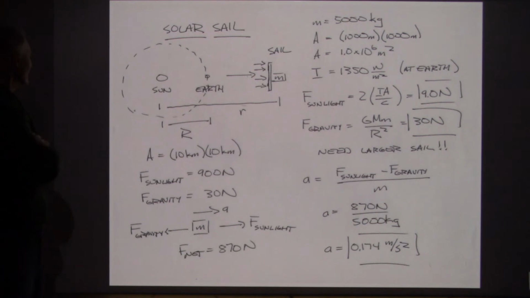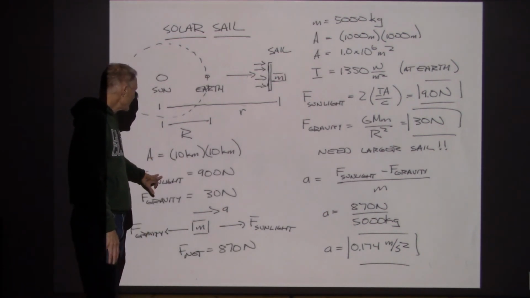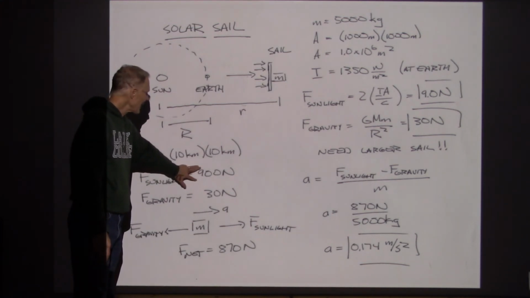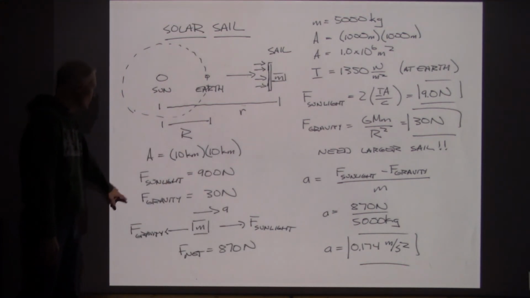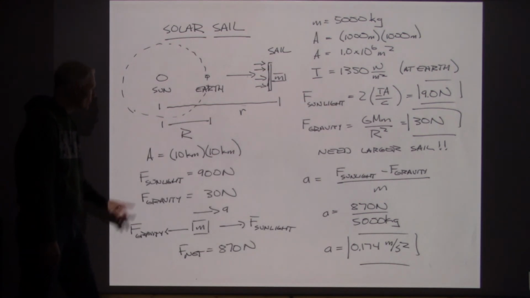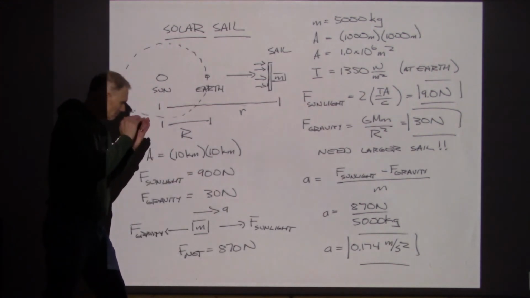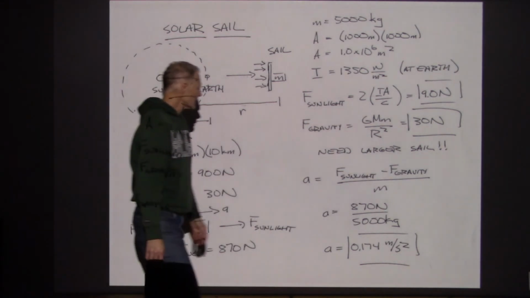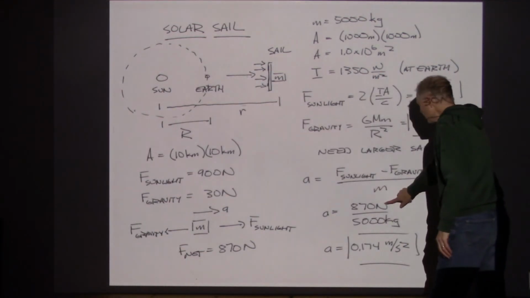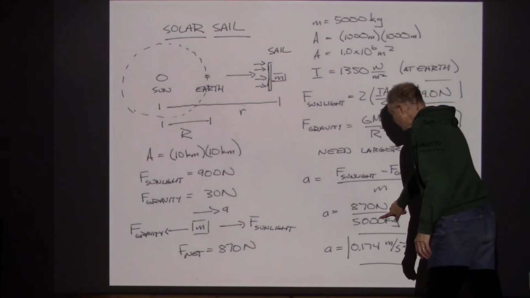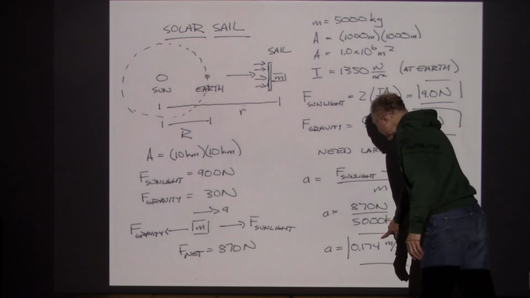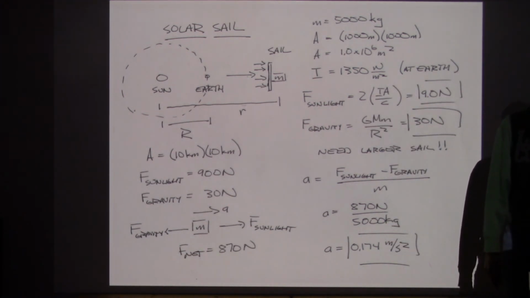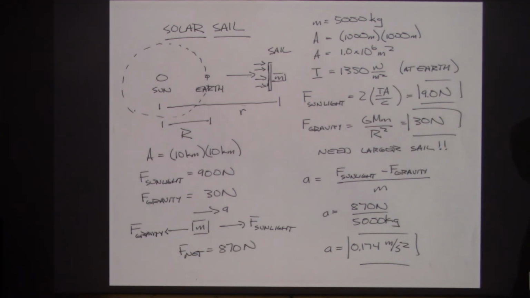But if that's possible, then the sunlight now is going to get a boost by a factor of 100, and now the sunlight's going to be 900 newtons, gravity is only 30 newtons, so I'm going to have sunlight in one direction, I'll have gravity in the other direction. That's going to give me a net force of 870 newtons divided by the mass of the spacecraft. At least initially, my acceleration is going to be 0.174 meters per second squared.